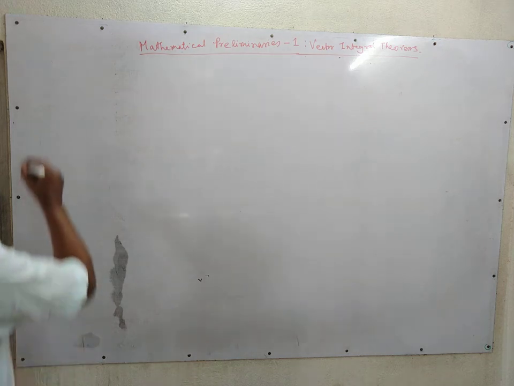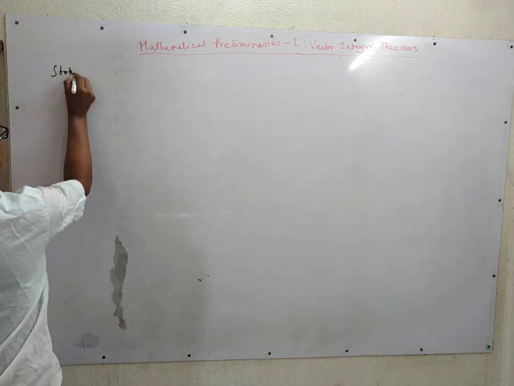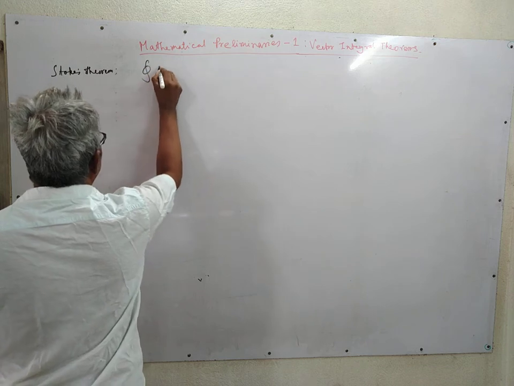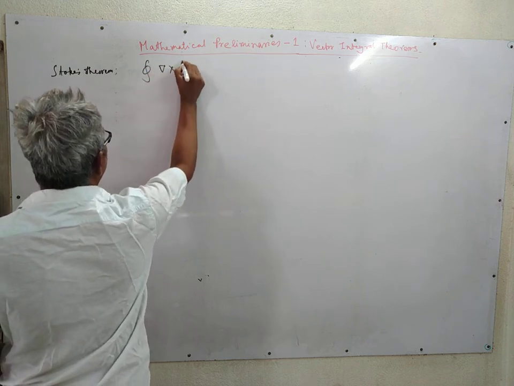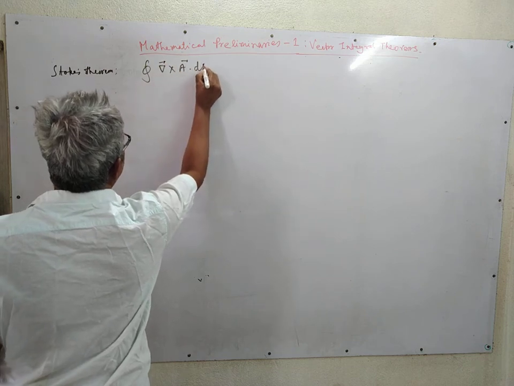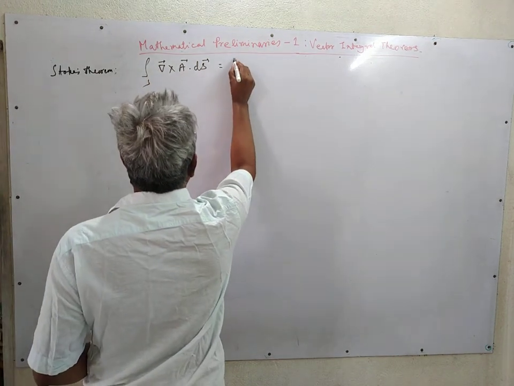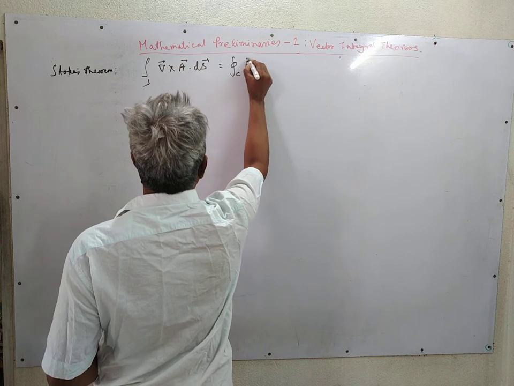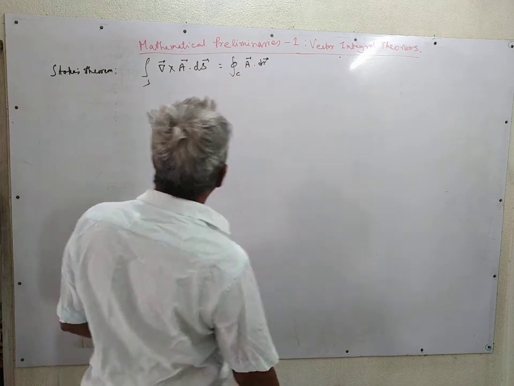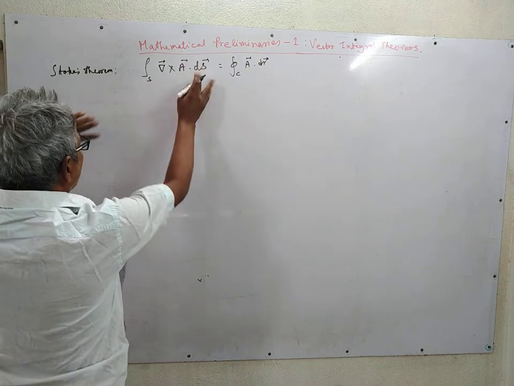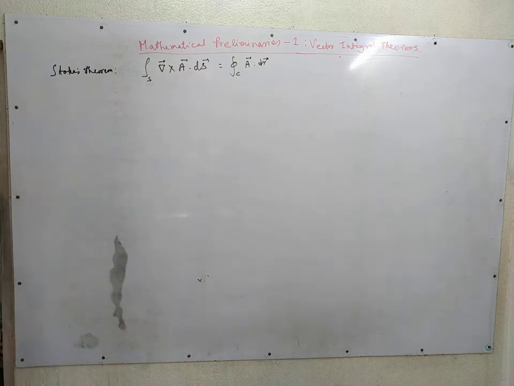The Stokes theorem is the curl of any vector field in the surface integration, where C is the contour which bounds the surface S, and A is a vector point function which is finite everywhere on S and on C.